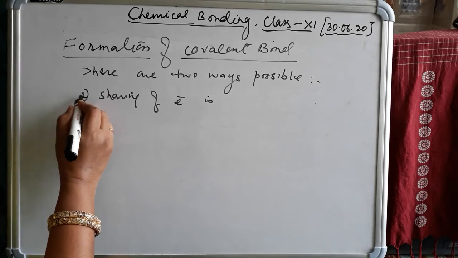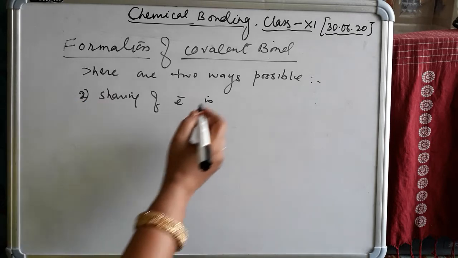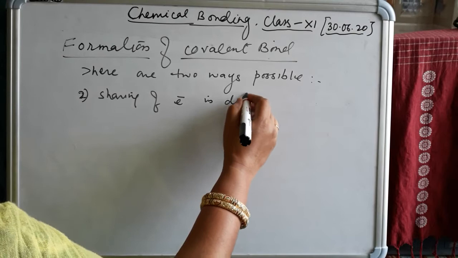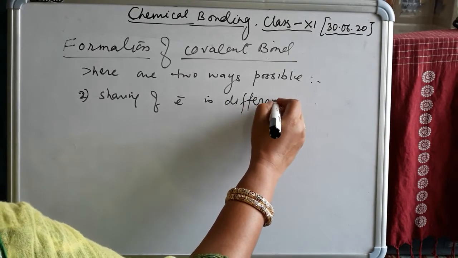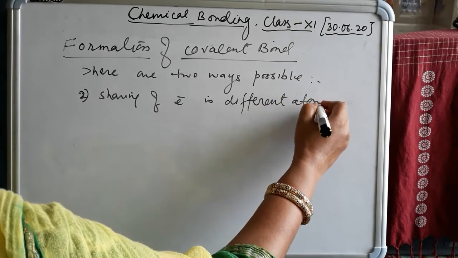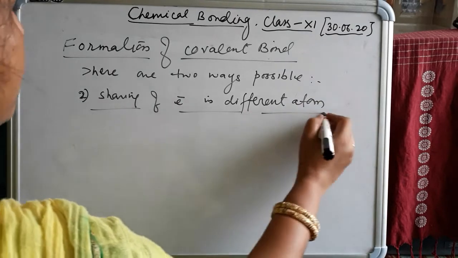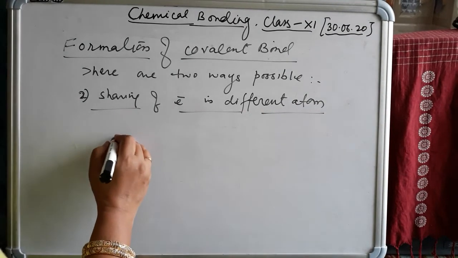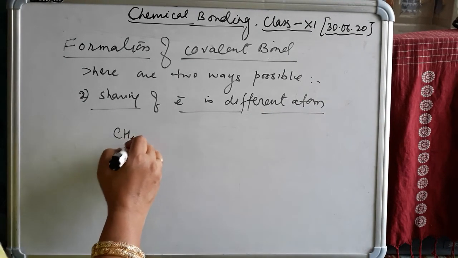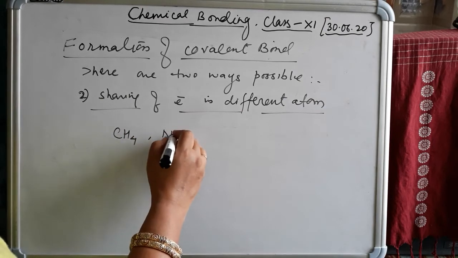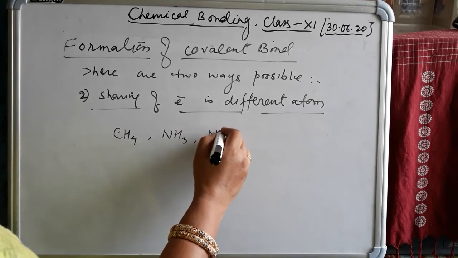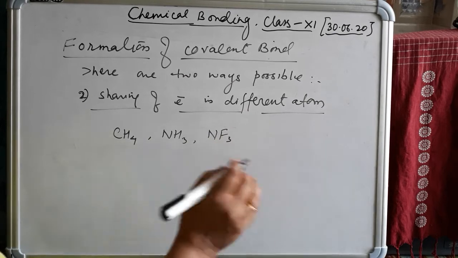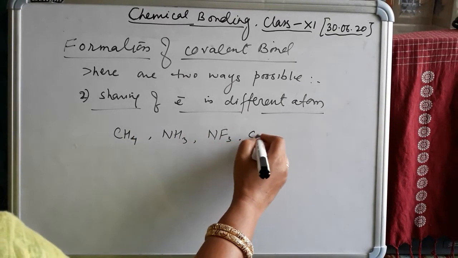The second method is sharing of electrons in different atoms. Most common examples are CH4, NH3, NF3, CCl4, C2H5OH, and so on. Number of examples are there.